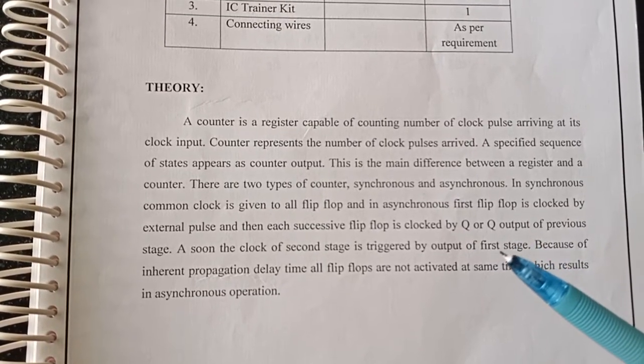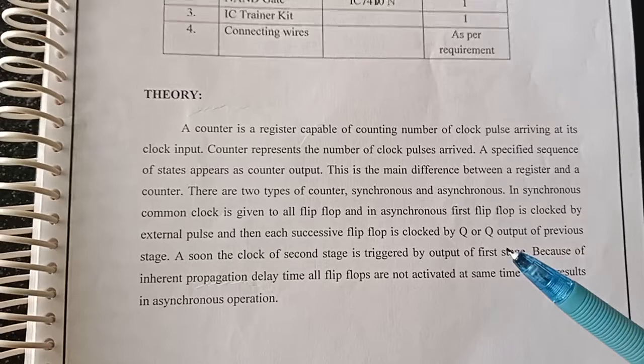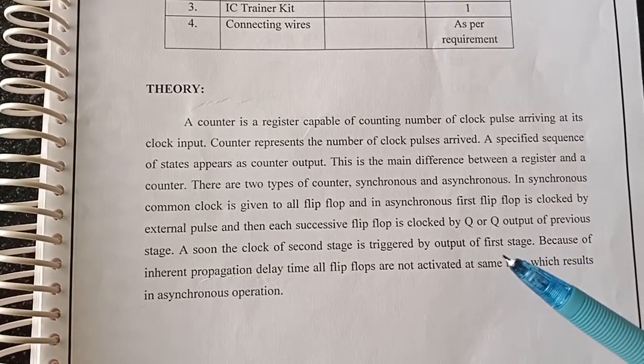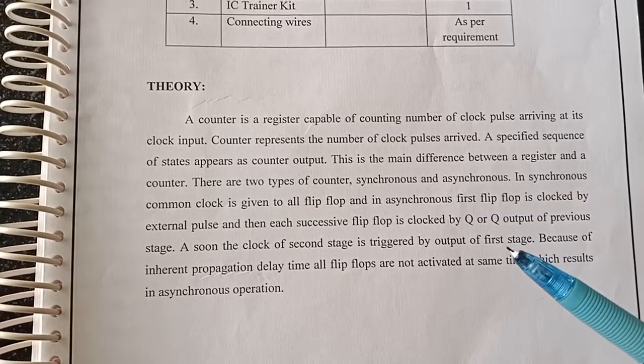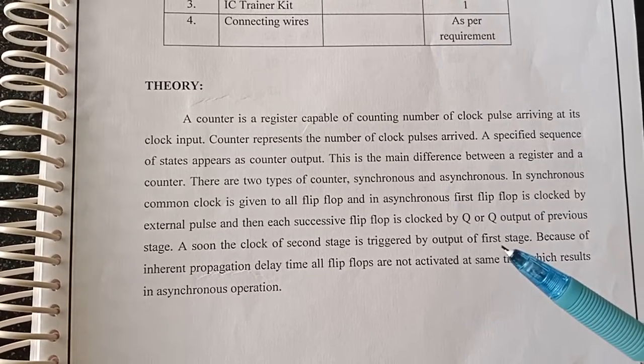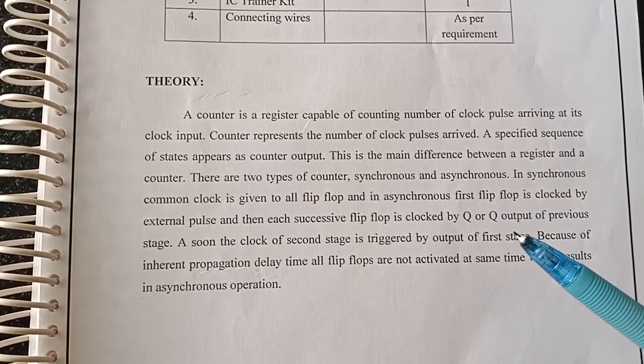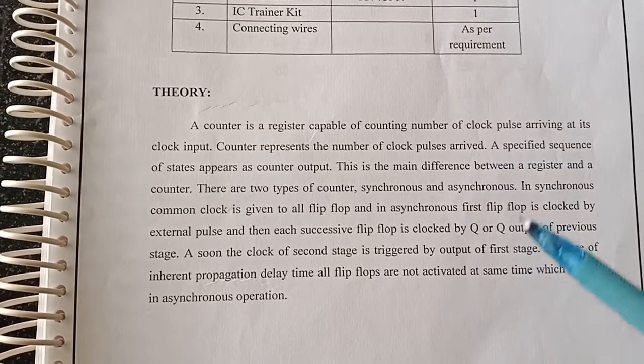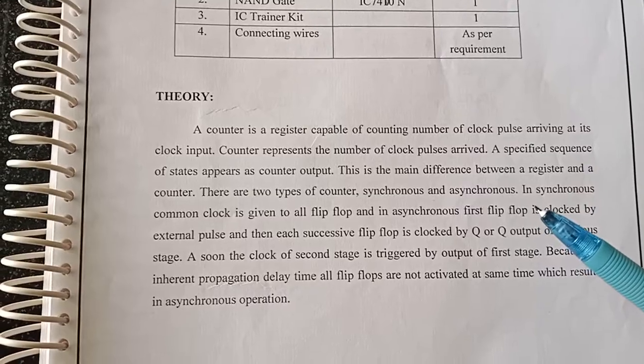The output of the first JK flip-flop is given to the clock of the next stage flip-flop, so each successive flip-flop is clocked by the Q or Q bar output of the previous stage. This is the working principle of the counter.